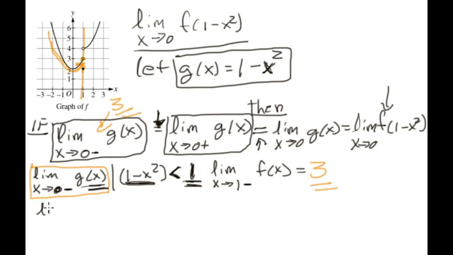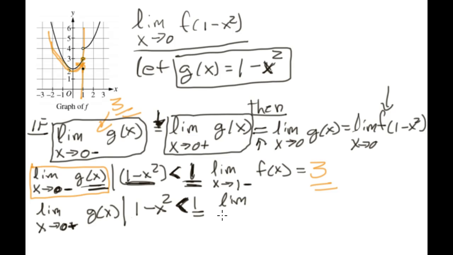What is the limit as x approaches 0 from the positive side of g of x? But recall, 1 minus x squared is always less than 1 when we're approaching 0. If I'm approaching it from the positive side, 1 minus x squared is still always less than 1, which means that this is the same as the limit as x approaches 1 from the negative side. Why is it from the negative side?